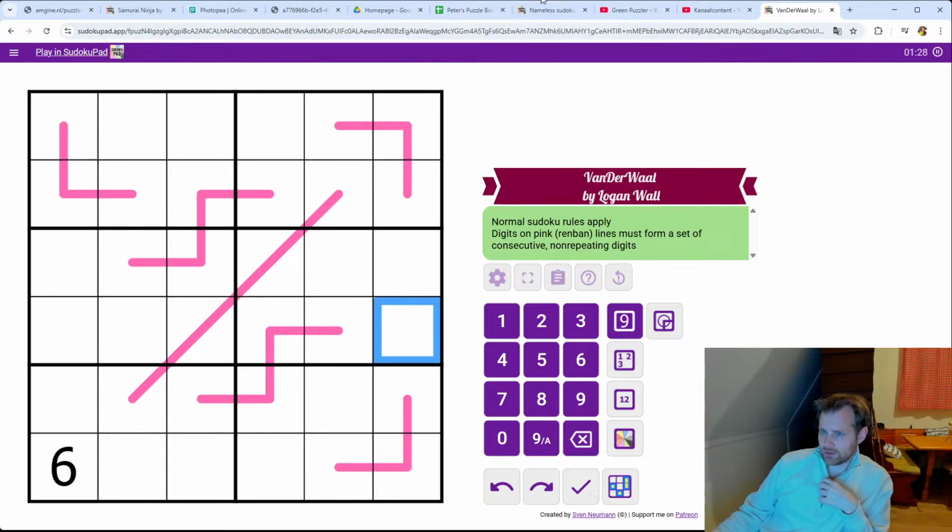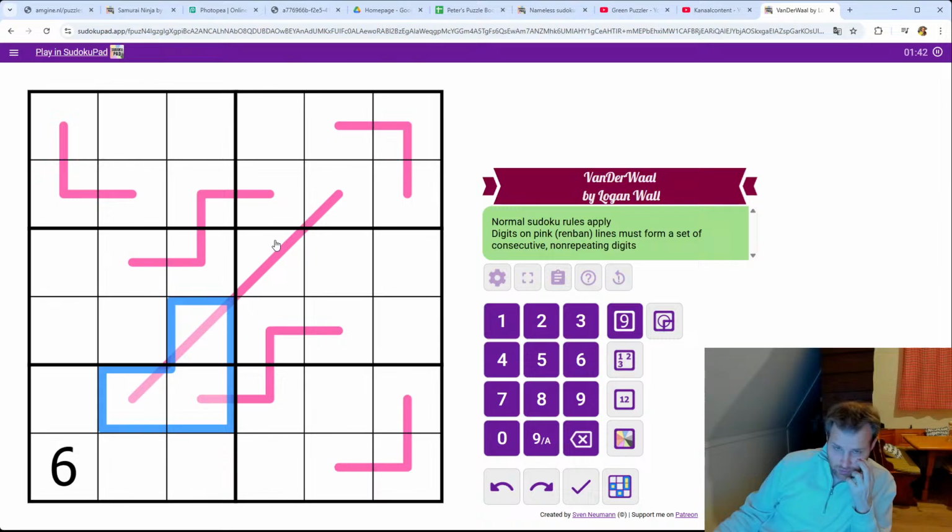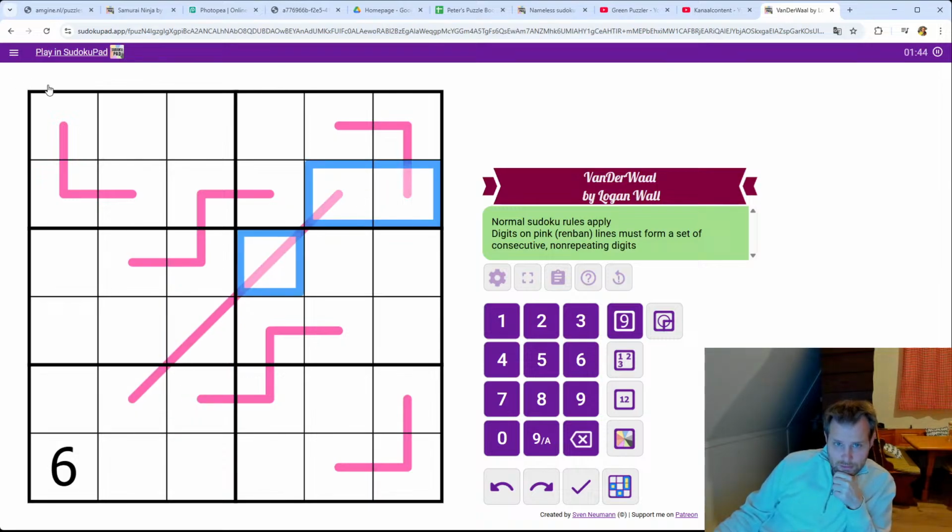What am I missing? Can you help me with the start, because I'm already stuck?